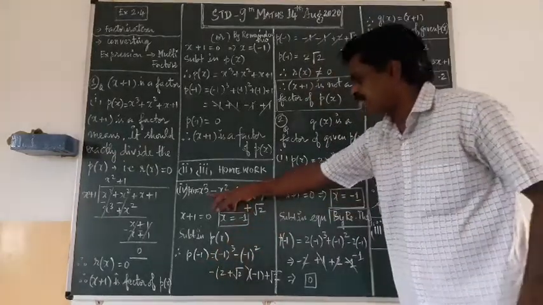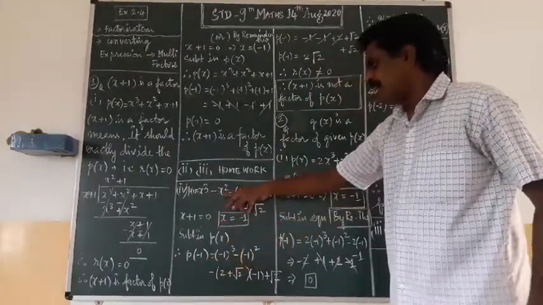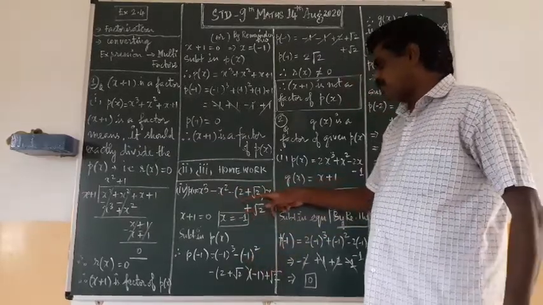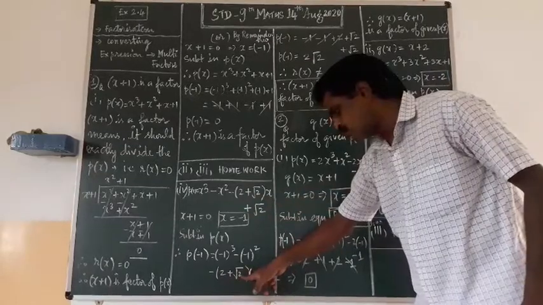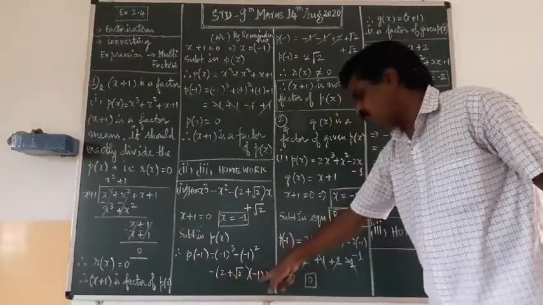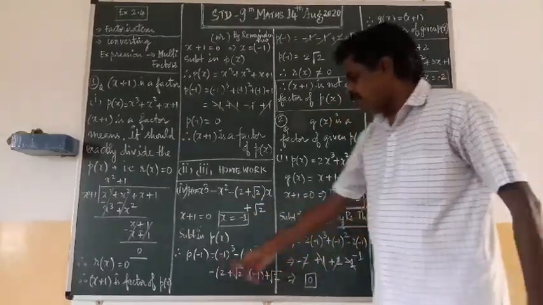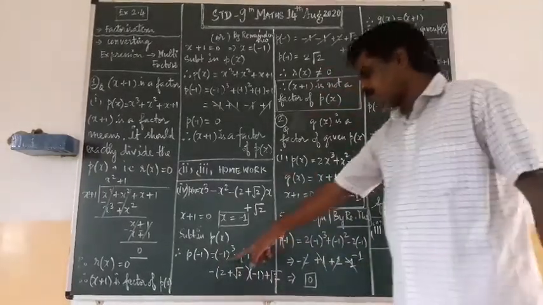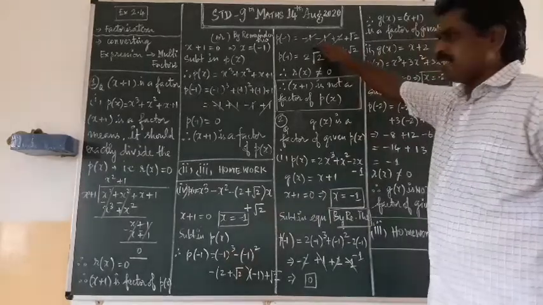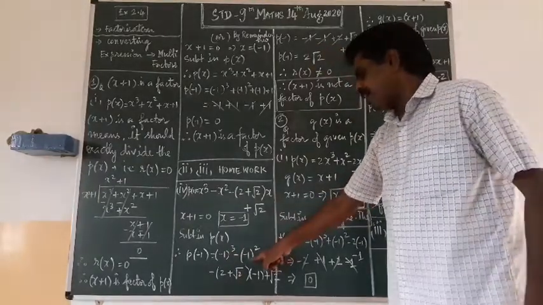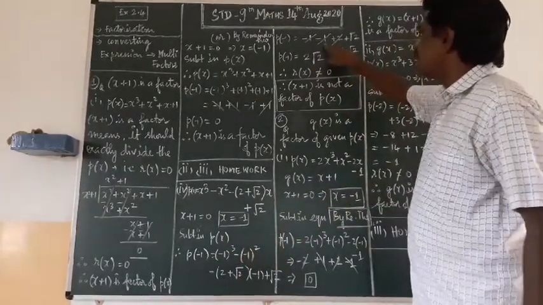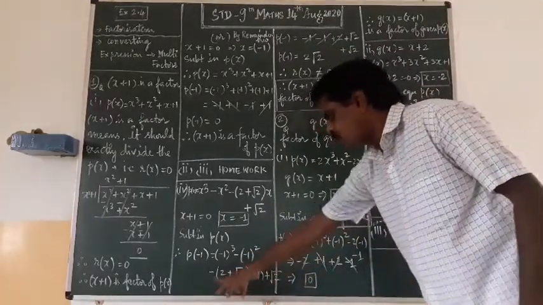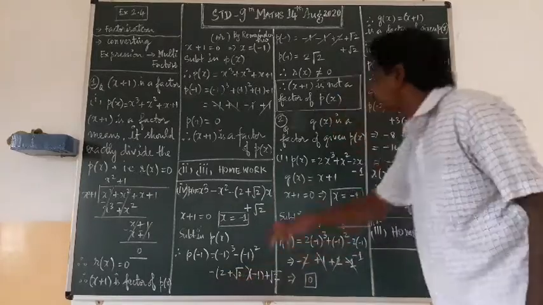So what is our problem? Minus 1 cube, minus minus 1 whole square, minus 2 plus root 2 into minus 1, plus root 2. Now I am simplifying these numbers. Minus 1 square, and the outside minus is there, so it is also becoming minus 1. If you multiply minus 1 into minus, it becomes plus. 1 into 2 is 2, 1 into root 2 is root 2.